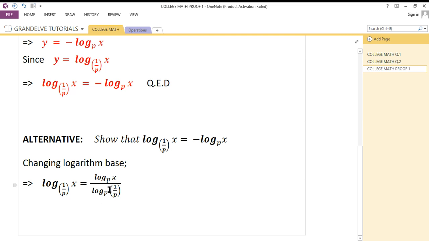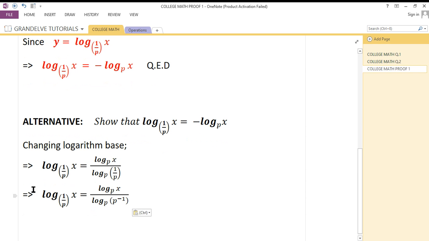So let's try to write the log number 1 over p in an exponential form. In doing that, we arrive at log x base p still as numerator untouched. Then we come to the denominator and we have the 1 over p now written as p to the power negative 1. Okay, so now we have in the denominator log p to the power negative 1 base p.